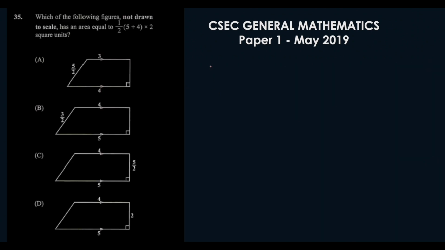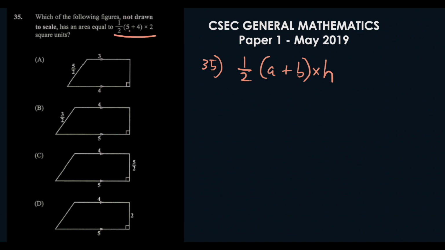Alright, so this question says, which of the following figures, not drawn to scale, has an area equal to this? Now I'm looking at this, and this here kind of resembles a trapezium formula. So the trapezium formula is half a plus b multiplied by its height, and we have trapeziums here. Now the thing is, if we're having half a plus b, what is a? A and b usually represent the parallel lines.